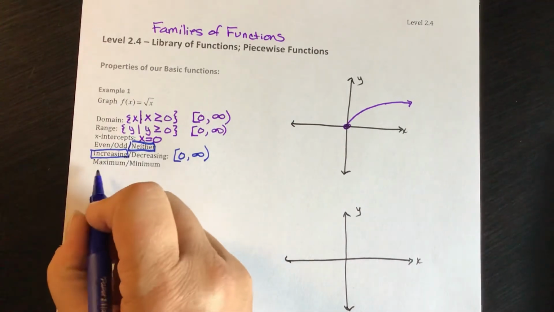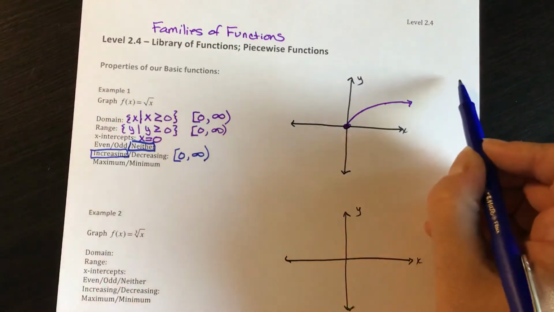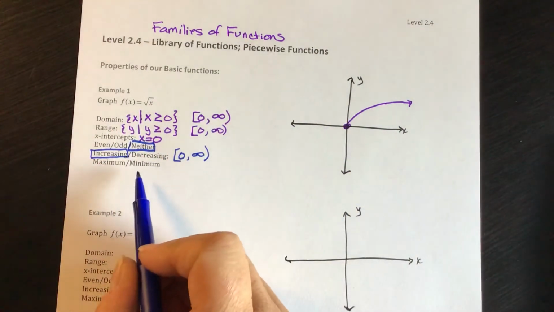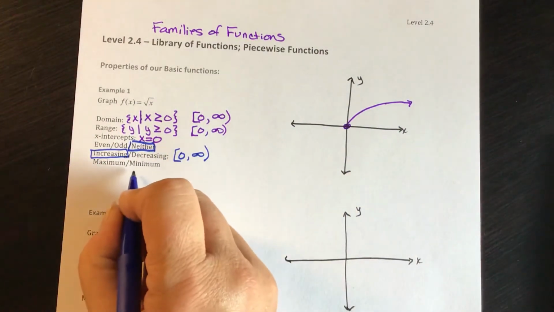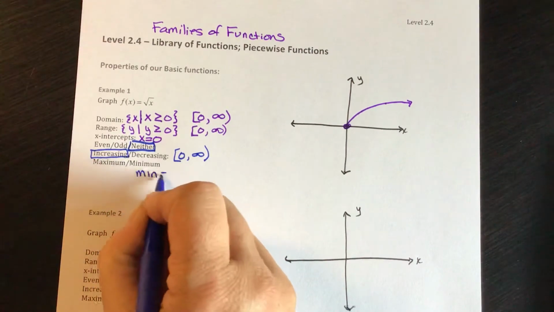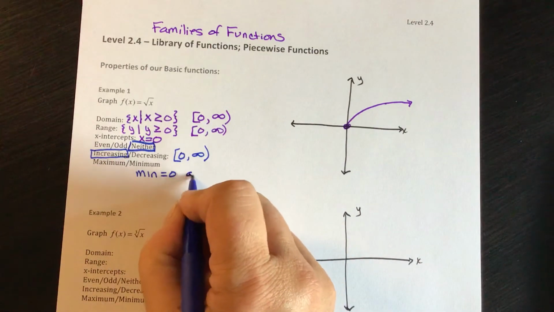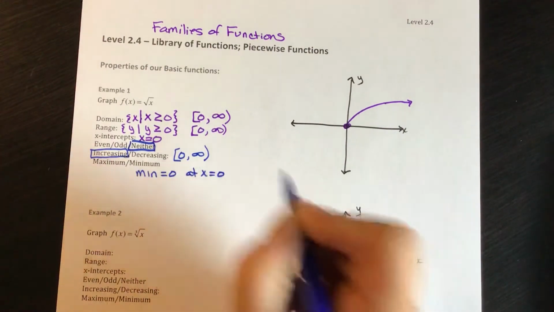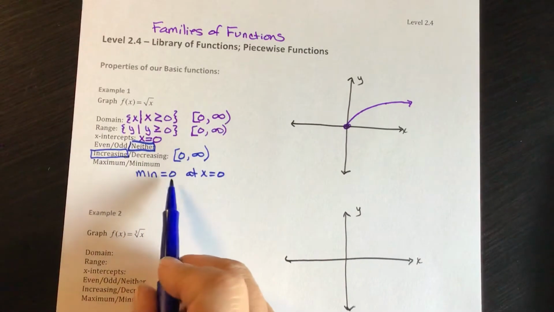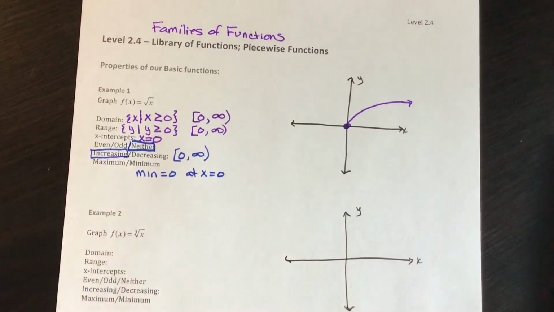And this does not have a maximum value because it's going to keep going up and up and up, but it does have a minimum value. And our minimum value is 0, and that happens at x equals 0. The minimum is the y value, and the y value is 0 when x is 0.